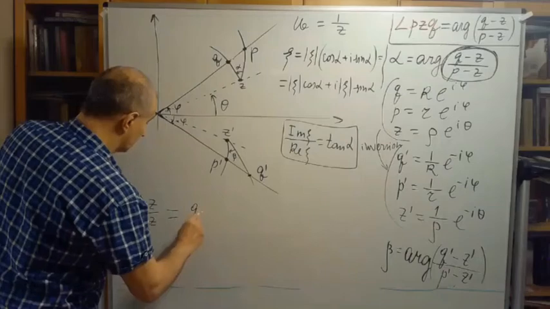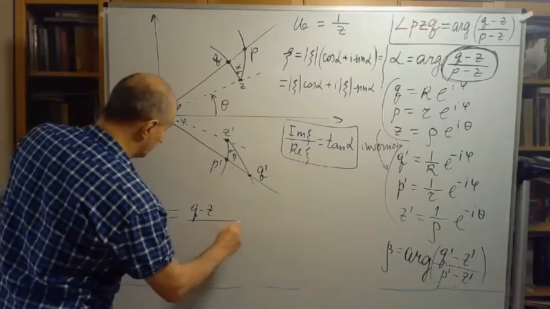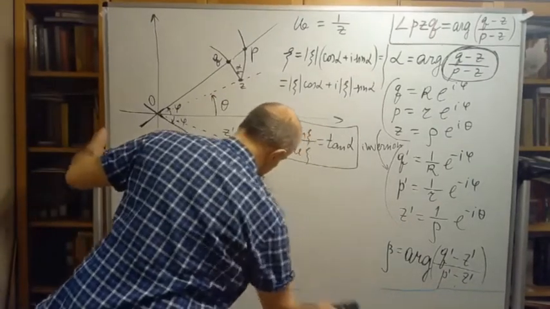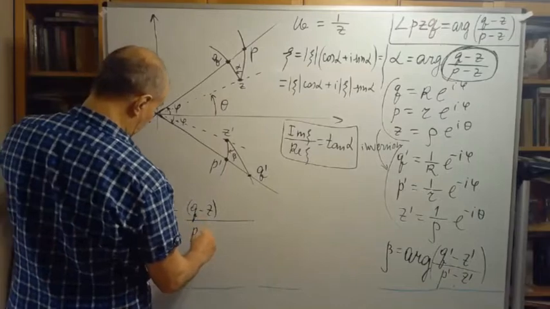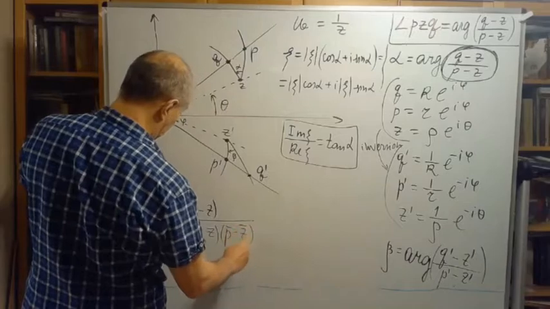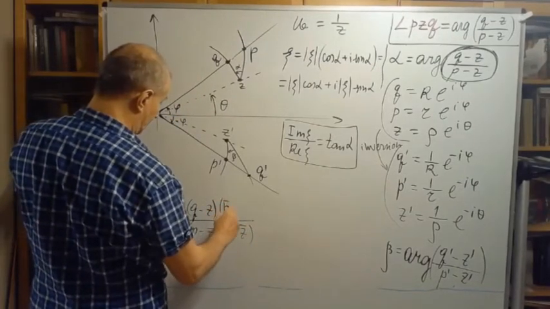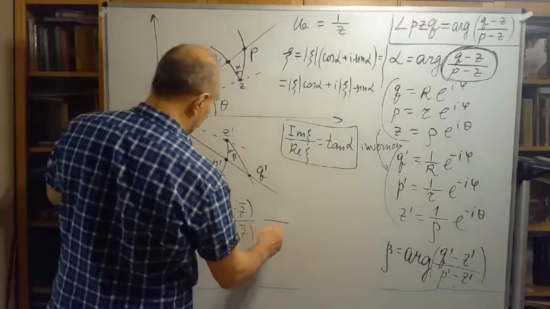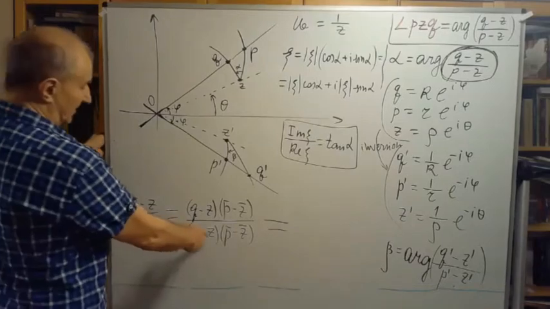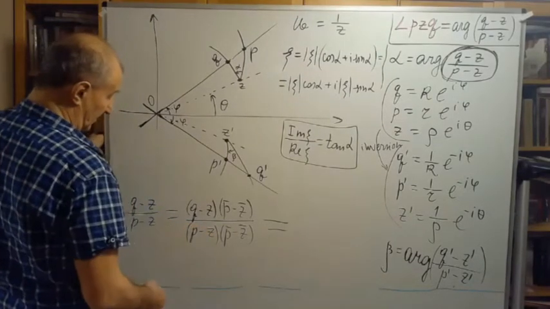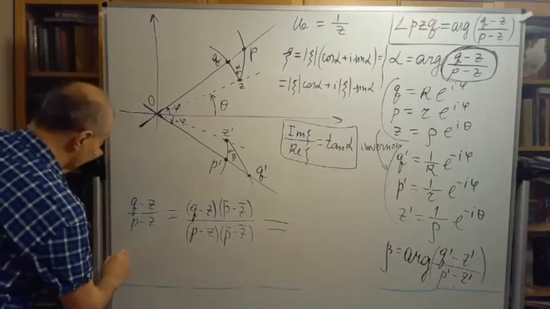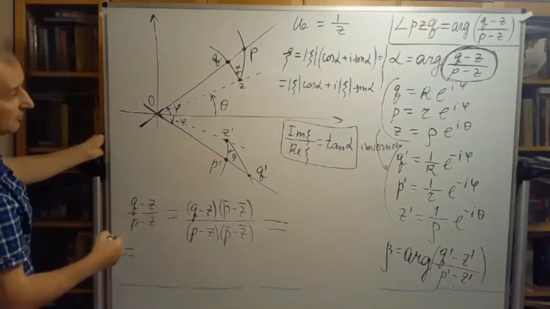So I will write it as (q - z) divided by (p - z), and (p conjugate - z conjugate), and here I multiply also by (p conjugate - z conjugate), and this will give us in the denominator a real positive number.